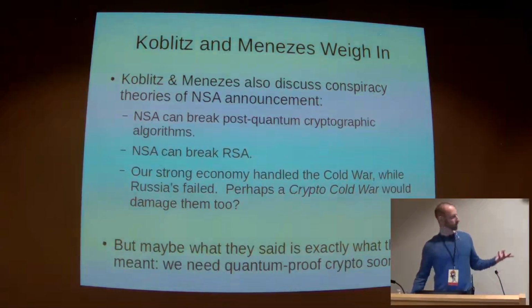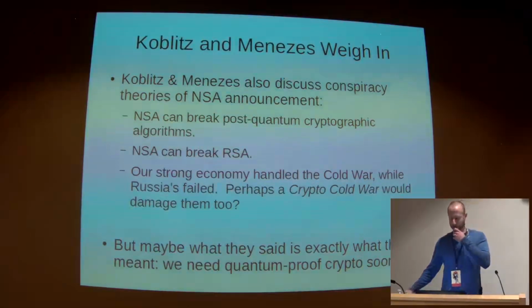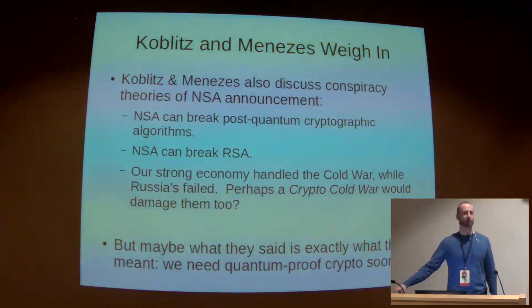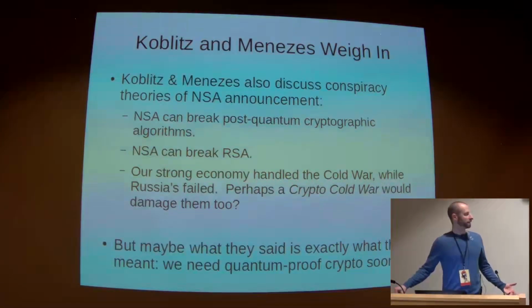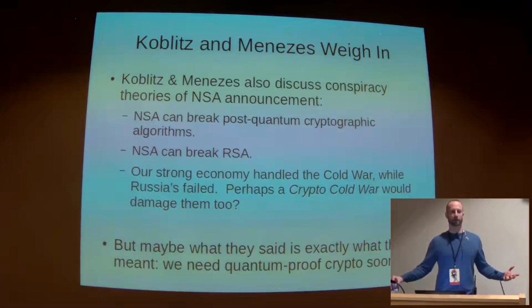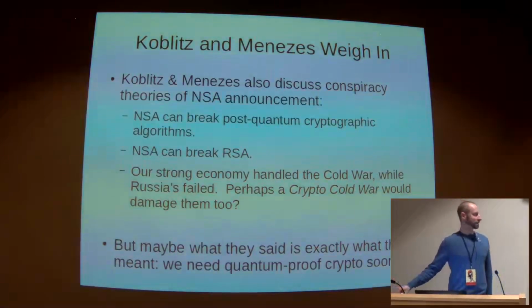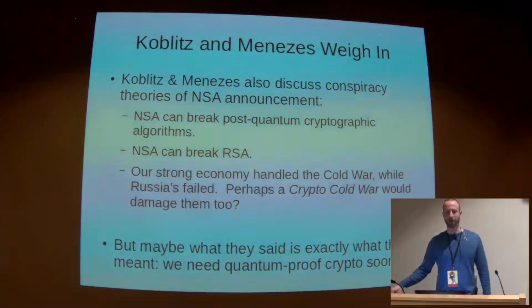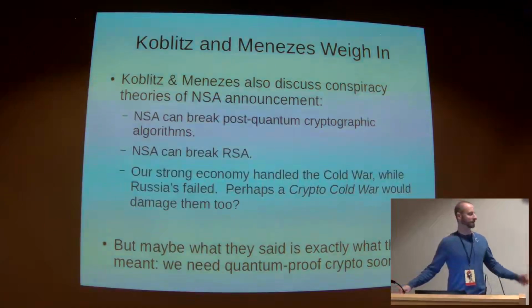Like I said, one of the interesting ones that they floated was they pointed out that, hey, during the Cold War with the USSR, their economy tanked, like they failed as a result. So maybe the NSA threw out that bombshell of a statement because maybe a crypto Cold War could damage them too, and I just included that because it's kind of funny.